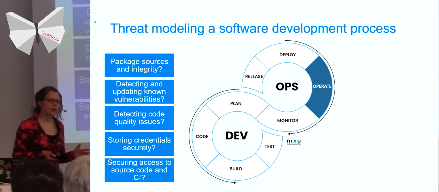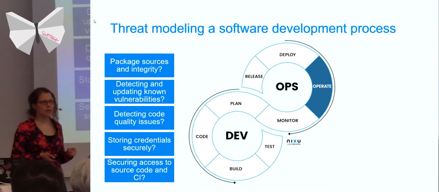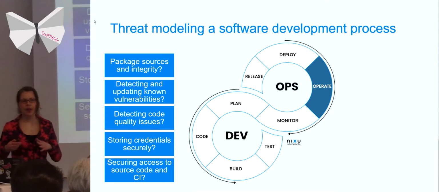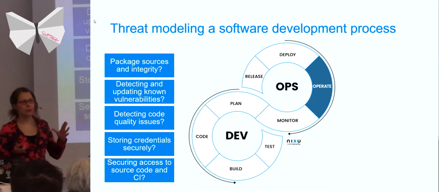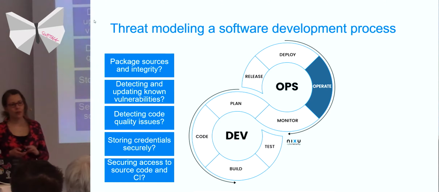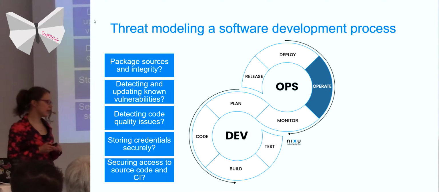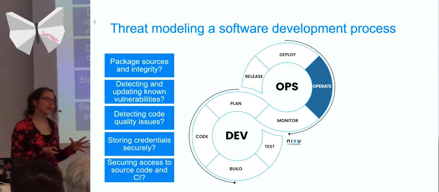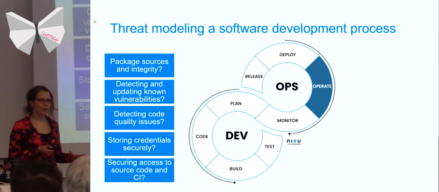What about source code and CI? It's good to have your system so you can access them everywhere, like using Bitbucket or Jenkins without VPN. But what if someone guesses your password? Is that all that is needed to get the source code?